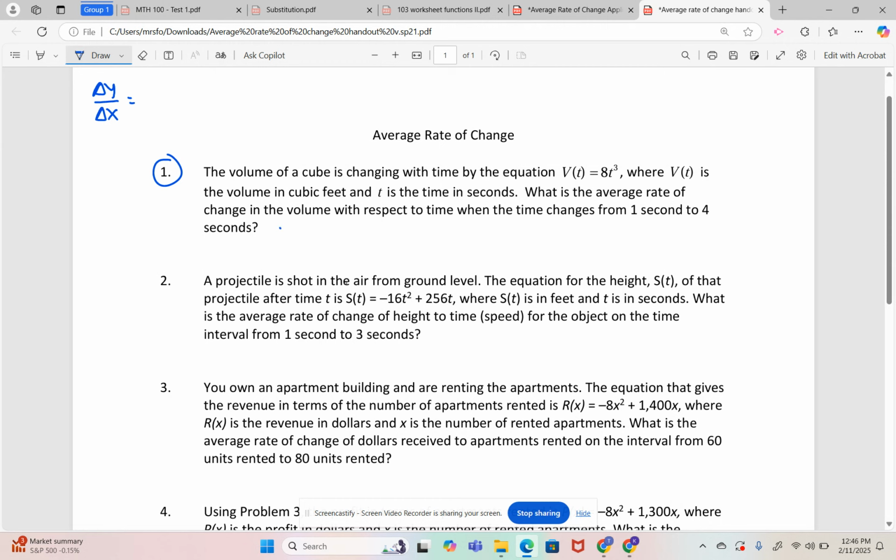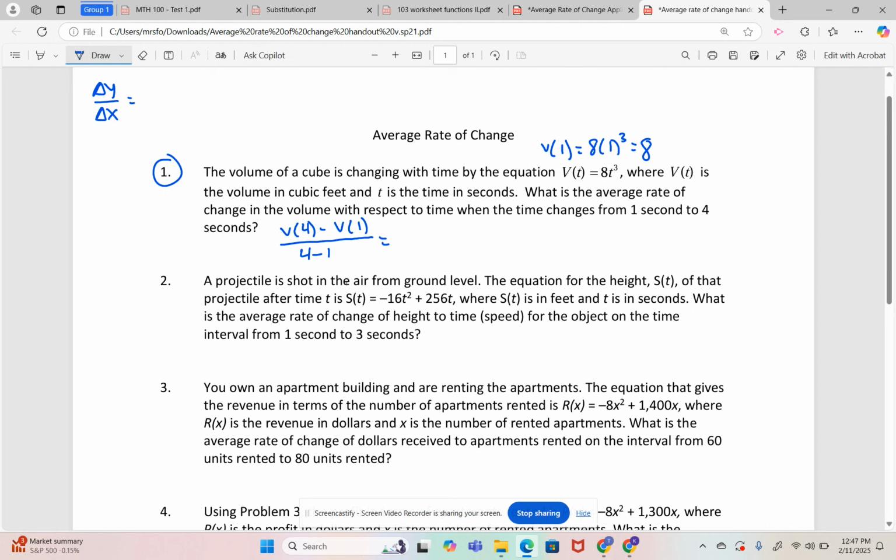So we're asking, what is V of 4 minus V of 1 divided by 4 minus 1? So we might want to find, well, what is V of 1? Okay, so looking at 8 times 1 cubed, that's going to give us 8.